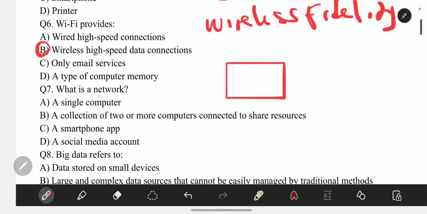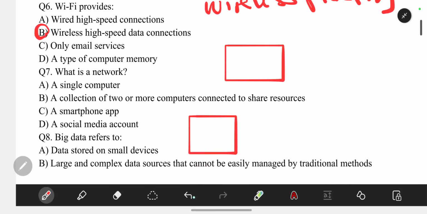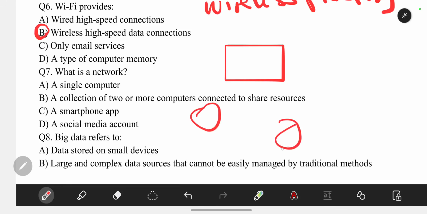Number 7, what is a network? So a network is a collection of 2 or more computers connected to share resources. Like, let's say we have this computer, and this computer. If these are connected, they can be connected sometimes by a cable. Then they form what we call the internet, because they are now able to share resources. They are able to share hardware.